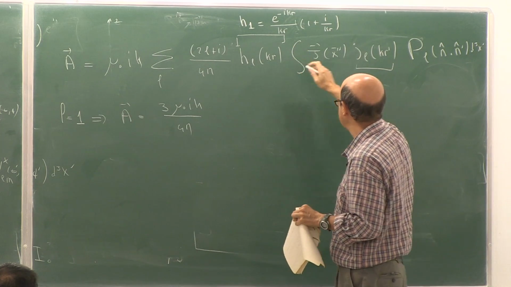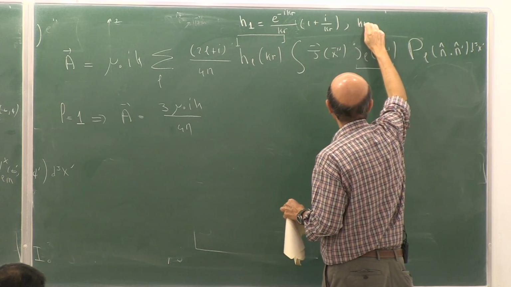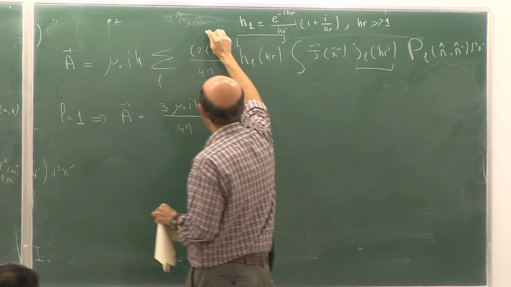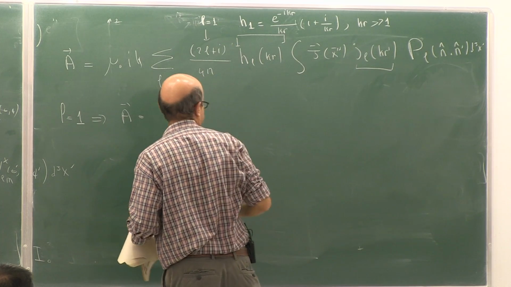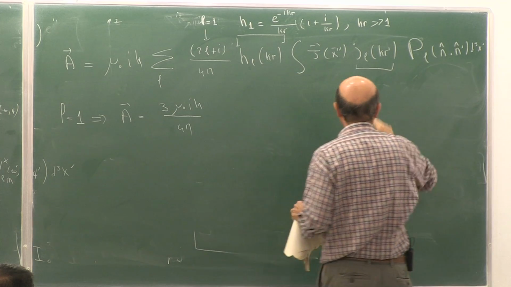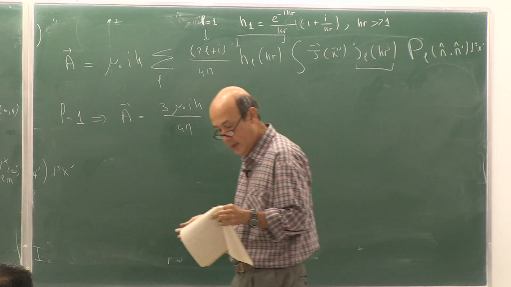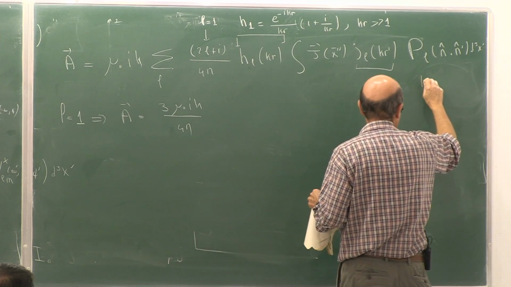This is the asymptotic form for h1 when kr is greater than 1. So basically L here is 1. For the source region, kr prime is a small number, and there is another asymptotic form of the Bessel function.